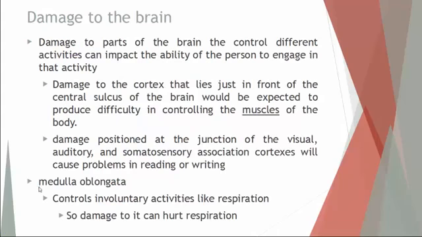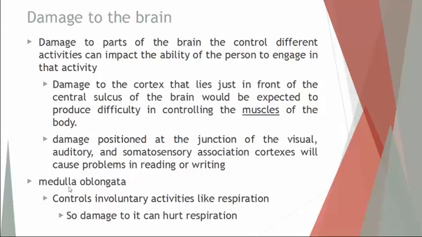Part we mentioned earlier, the medulla oblongata. This is the major control center for your respiratory centers and for your cardiac centers. So basically, what controls your heart rate and your breathing rate and breathing depth. So when someone says that a person is brain dead, it is this region of the brainstem that is damaged.